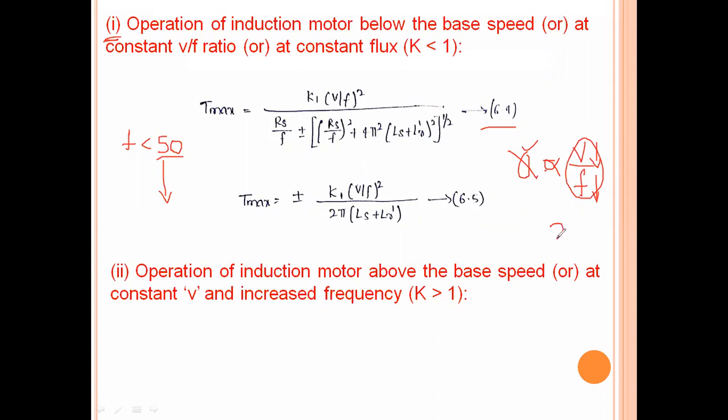If the frequency is 25 hertz, which means it is decreased by half, then the stator voltage is also decreased by half, so that the frequency is halved and the stator voltage is halved. Resultantly, the flux will be constant. Using this formula, the flux will be maintained constant for this operating condition, which means the K less than 1 condition.